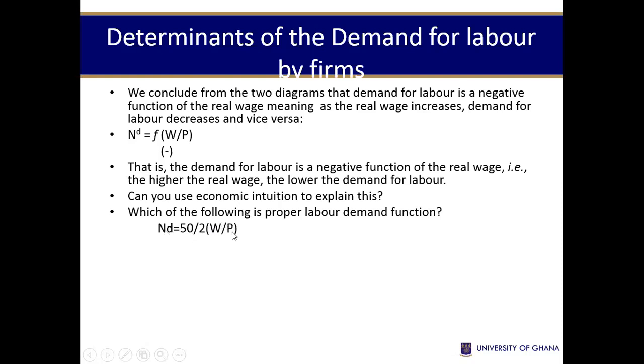So when you look at this, yes, it is true. Because here W over P is a denominator, which means that whenever W over P increases, ND is supposed to fall. If you look at this one too, the sign here is negative. That one too is true. But if you look at this, it is positive, which means that whenever there's an increase in real wage, there's supposed to be an increase in labor demand, which is not true.